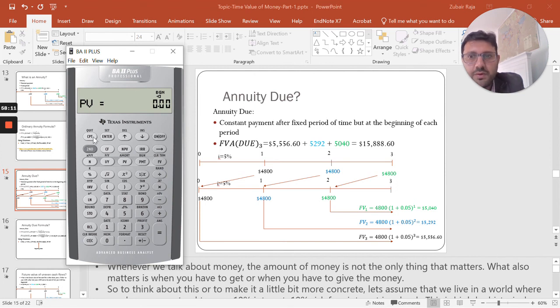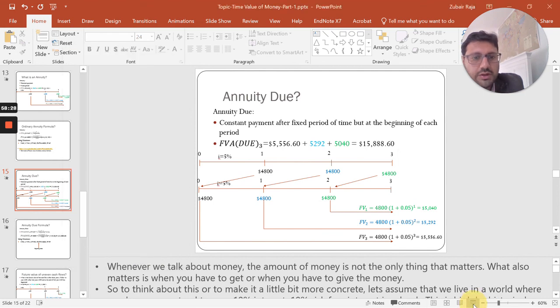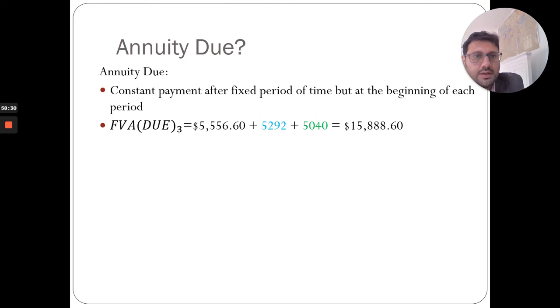Now compute future value. This is 15,888 and 60 cents. Can you see that? So it is actually the lump sum payment future value of an annuity due after 3 years.